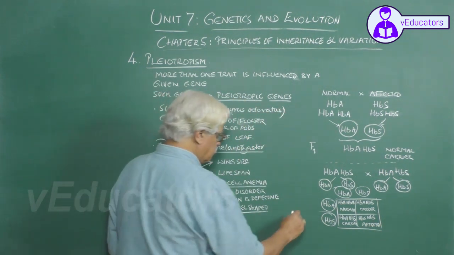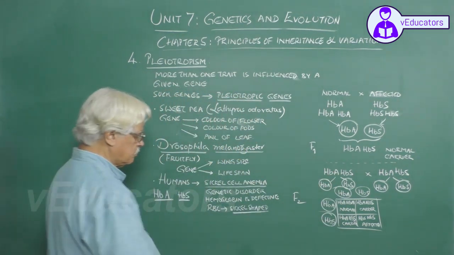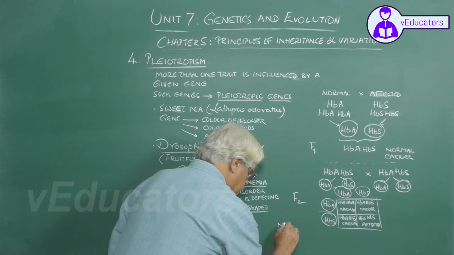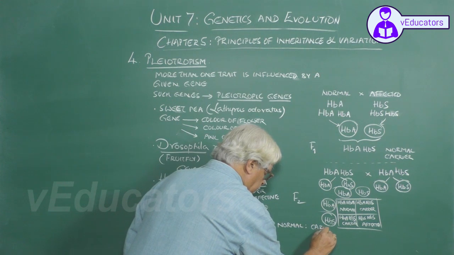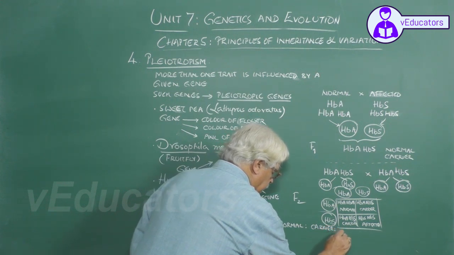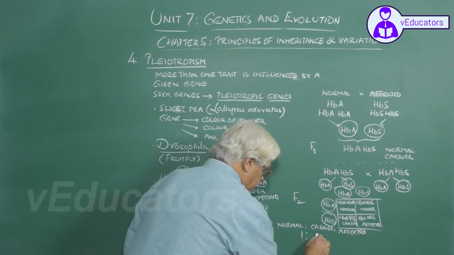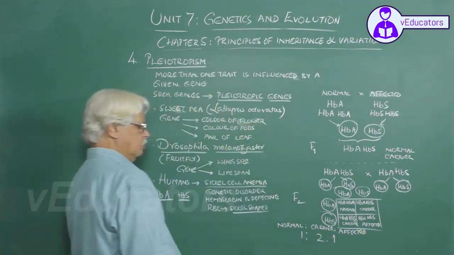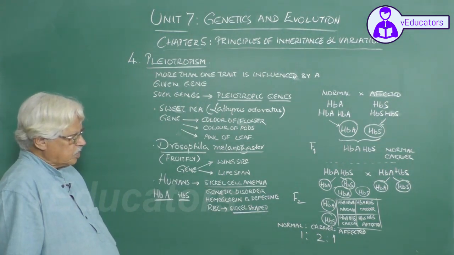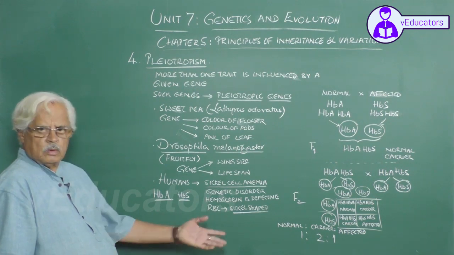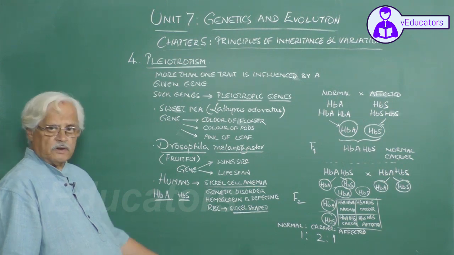It means in the F2 generation, you will have normal individuals, carrier individuals, affected individuals in the ratio 1:2:1. So the same gene is expressing a different phenotype.